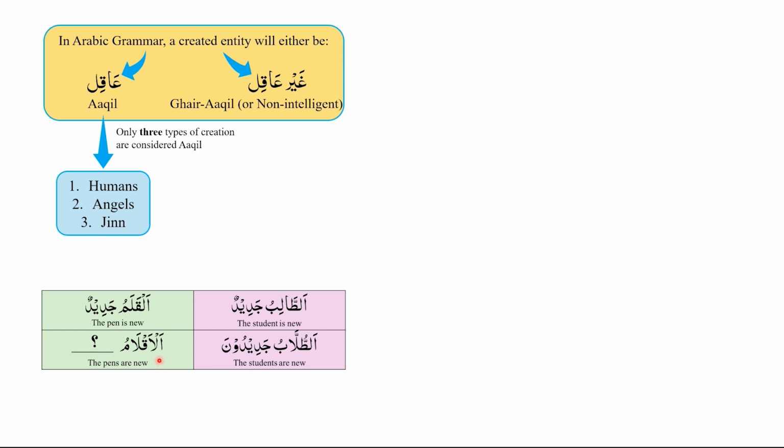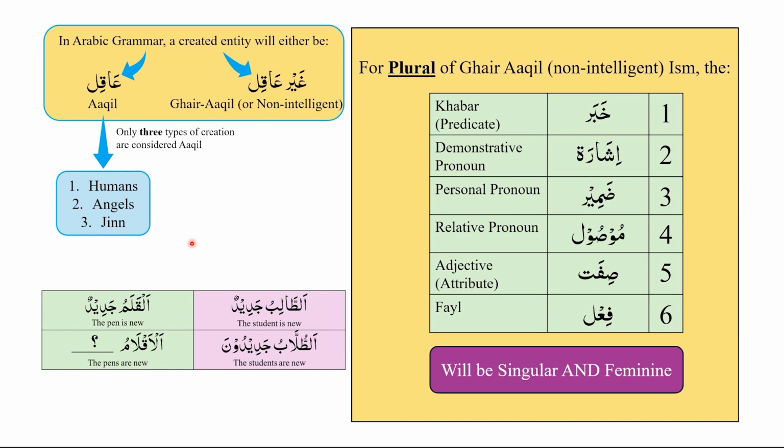In order to determine the khabar for this jumla ismiya, we need to know our very important rule. And that rule is as follows. For plural of ghair aqil or non-intelligent ism, the khabar, the ishara, the zamir, the mawsul, the sifat, and the fail will be singular and feminine.